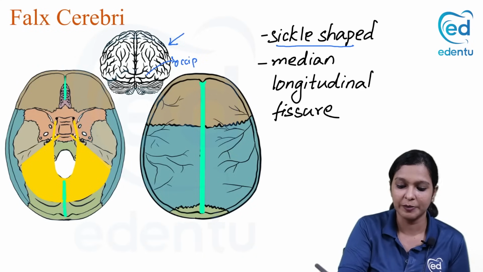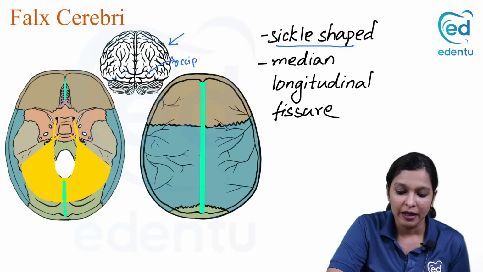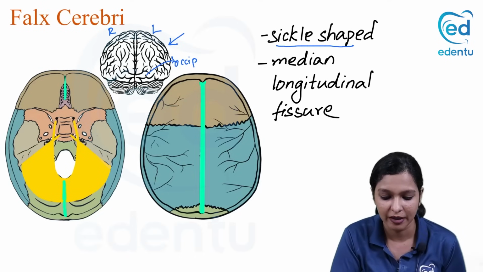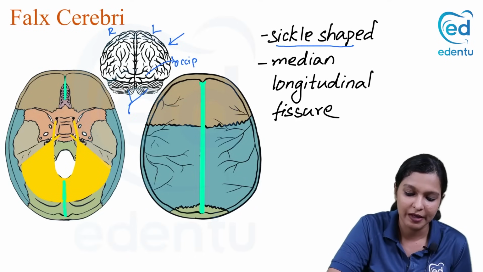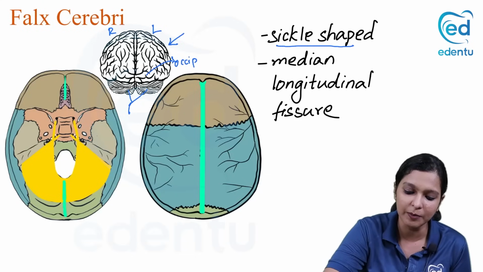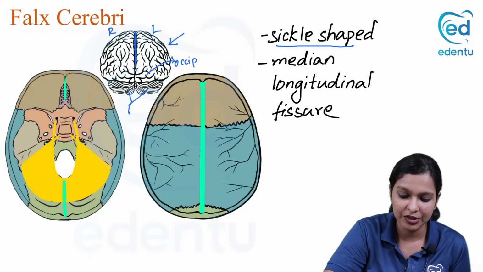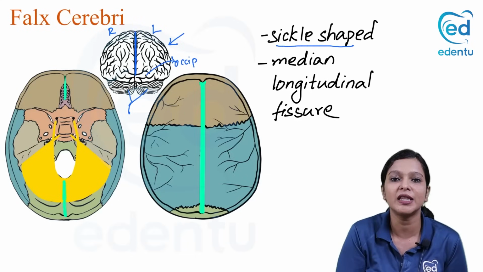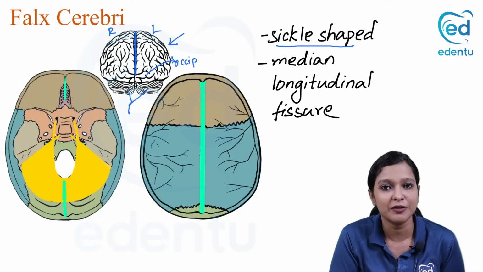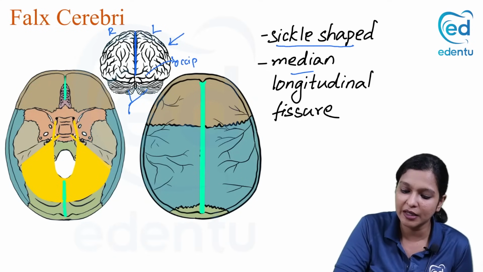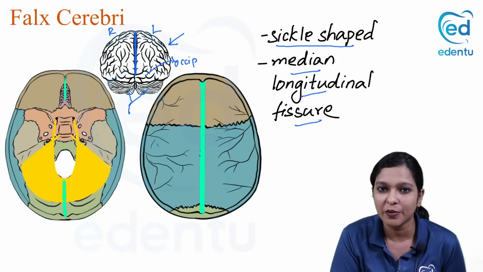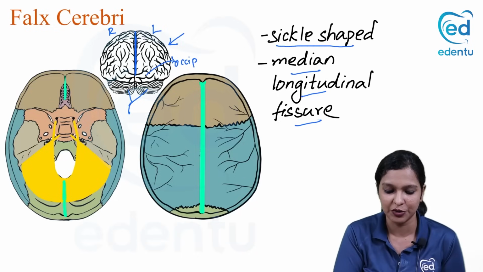This is the occipital lobe, and this is the right and the left hemisphere of the brain, and these are the cerebellum. With this orientation, I'll name a fissure. This region consists of a fissure between the right and the left cerebral hemispheres. There is a fissure called the median longitudinal fissure. That is the location where the falx cerebri is situated.